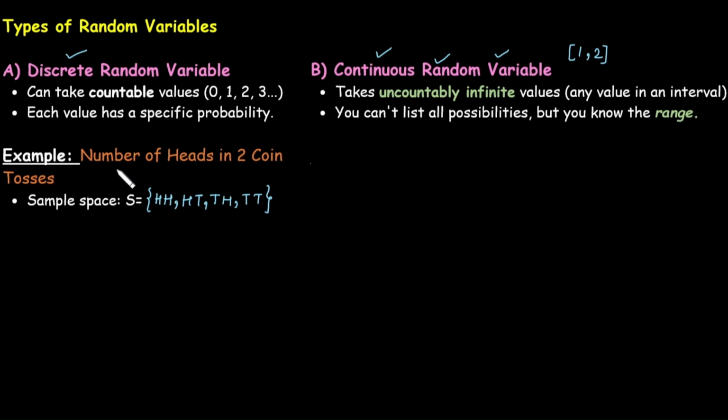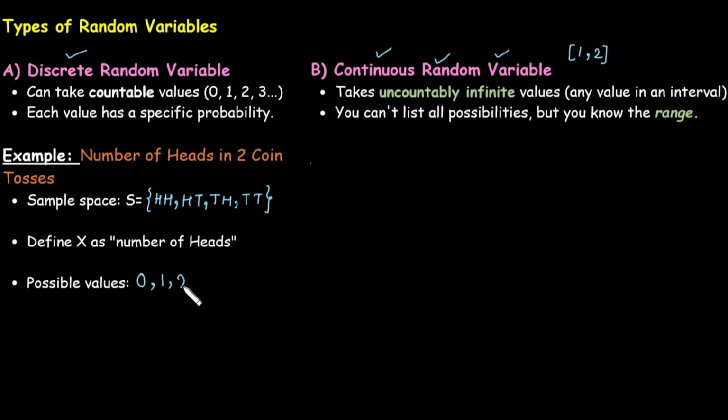So in this case, x is a random variable that defines the number of heads. तो क्या क्या possibilities है x की? Maybe 0 head, maybe 1 head, और 2. So हमारे यहाँ पे x की values क्या आ रही है? Countable. So this example comes under the part of discrete random variable.